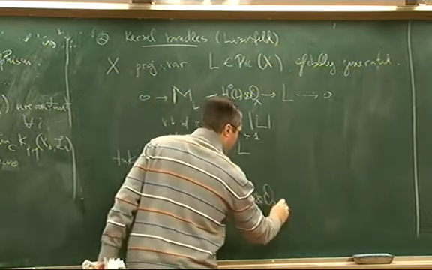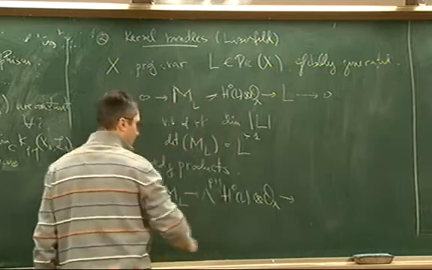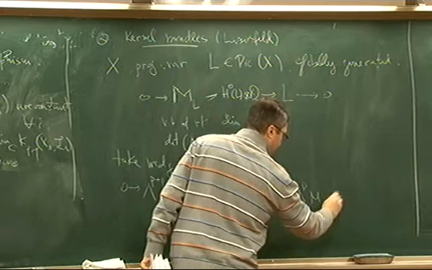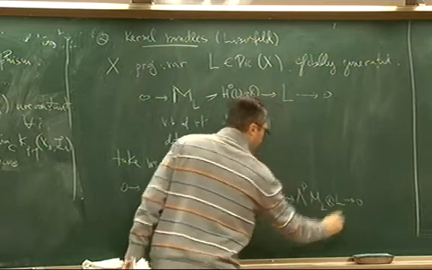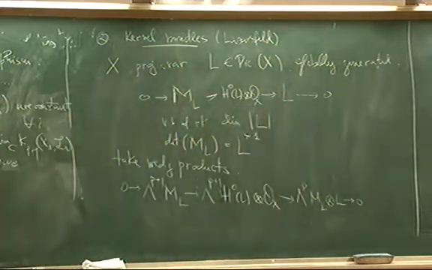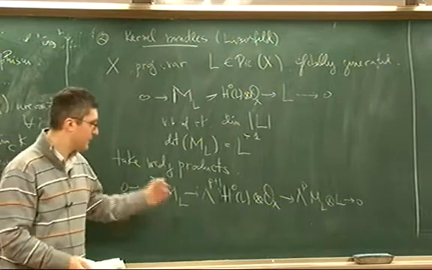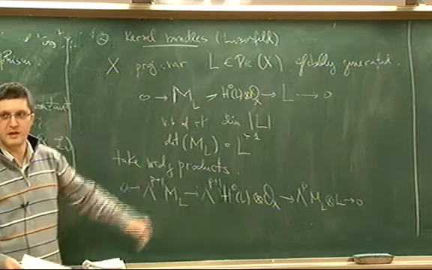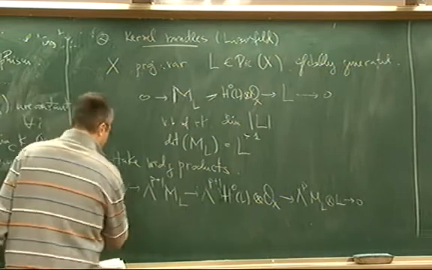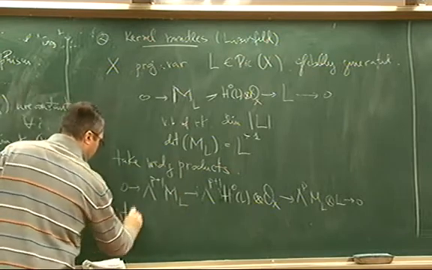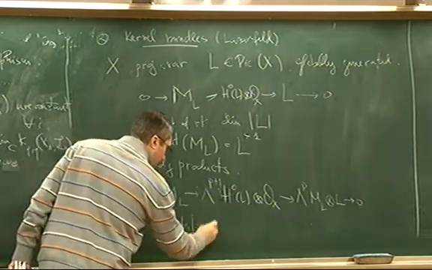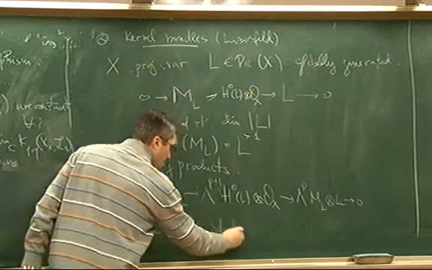And the co-kernel will be wedge p ML tensor L, goes to 0. So we have this short exact sequence of vector bundles. Now we can twist by L^(q-1), and then take global sections.